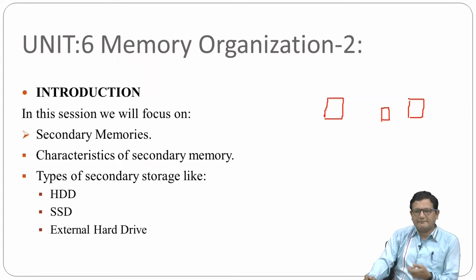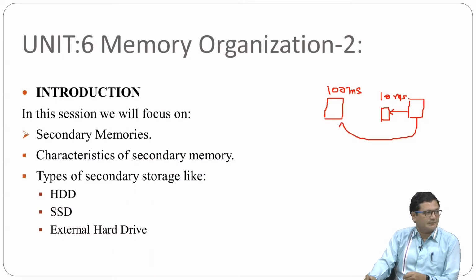They are very fast, right? So let's suppose if the CPU is accessing this cache memory, it needs 10 milliseconds. But if the CPU wants to access the random access memory, it needs 100 milliseconds, if the CPU wants to fetch some data directly from the random access memory.